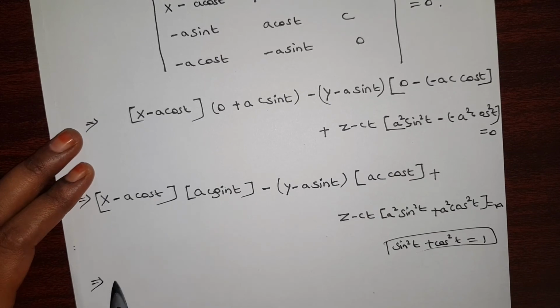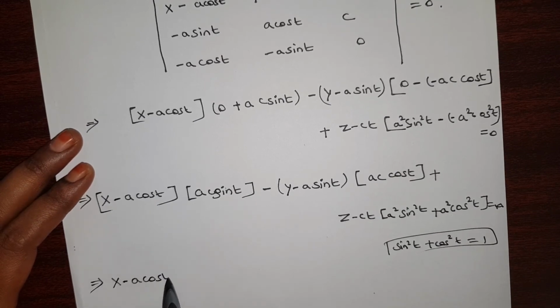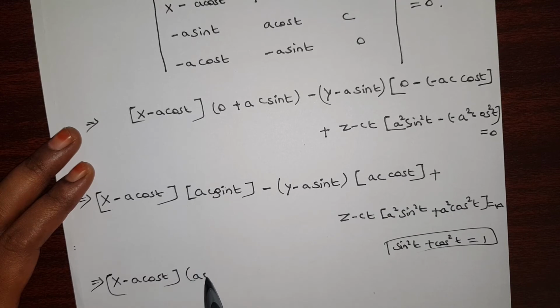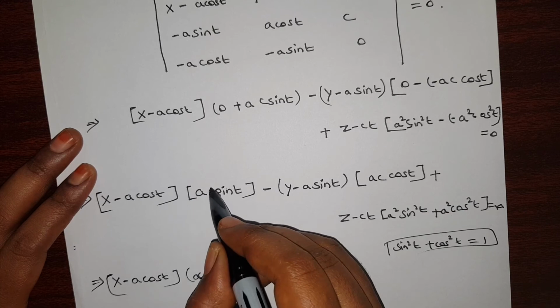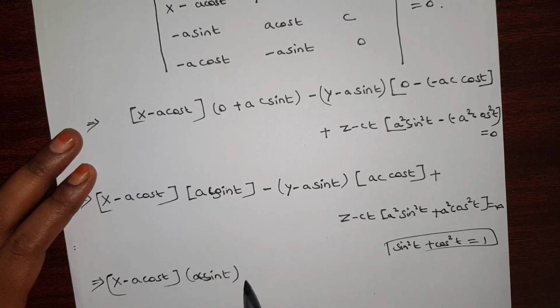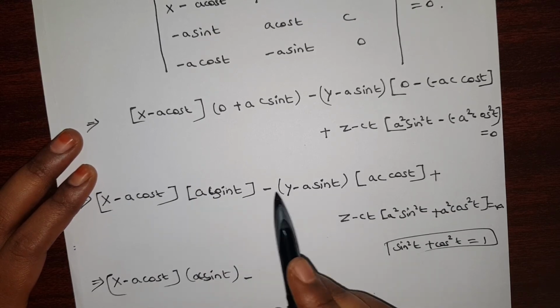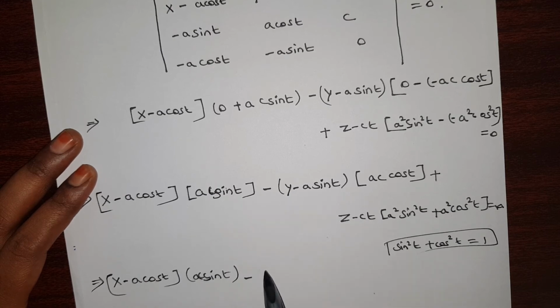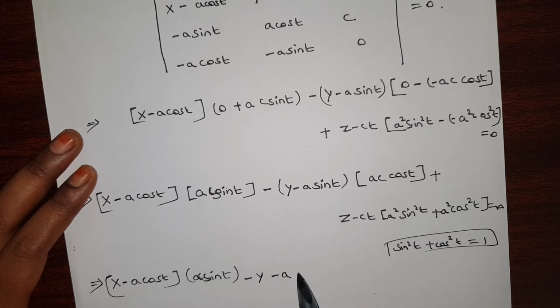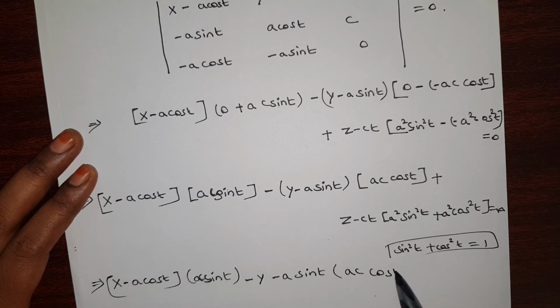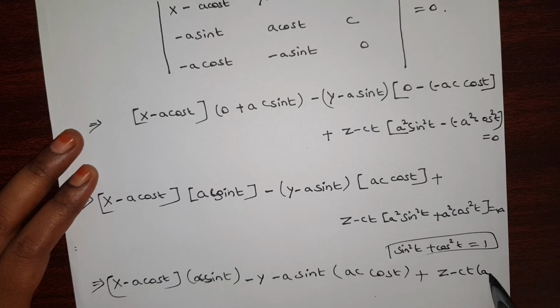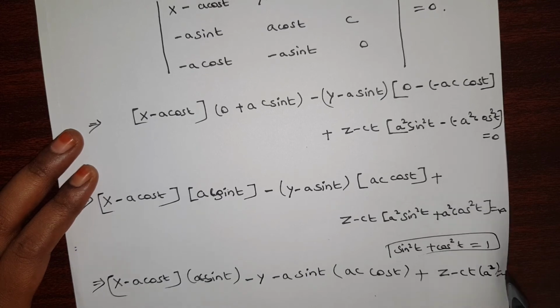So the equation becomes x minus a cos t times a c sin t, plus y minus a sin t times a c cos t, plus z minus ct times a square equal to 0.